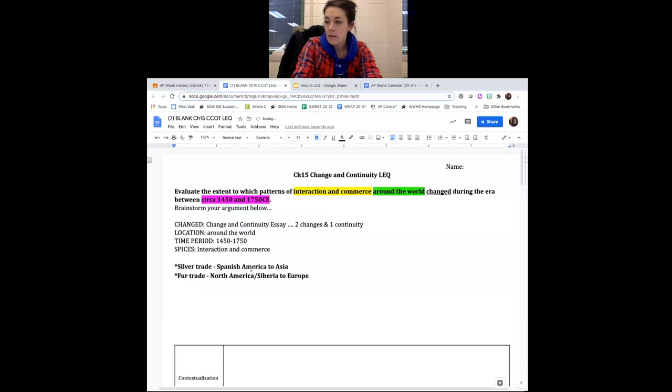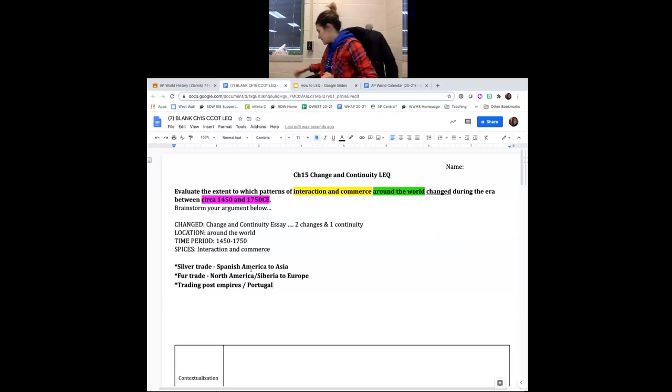And we have the trading post empires, specifically with Portugal. I think I got the big ones. All right, so then I have these ideas down.